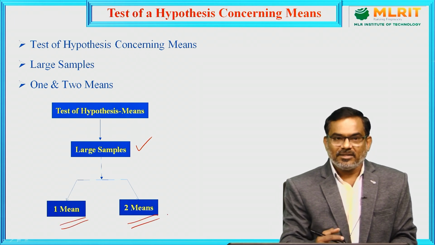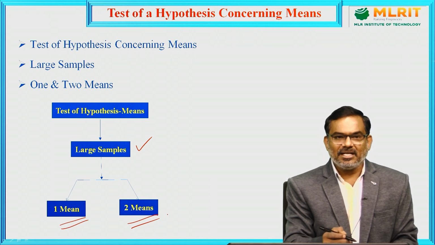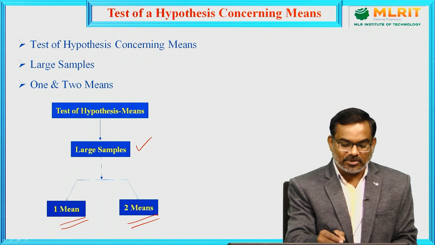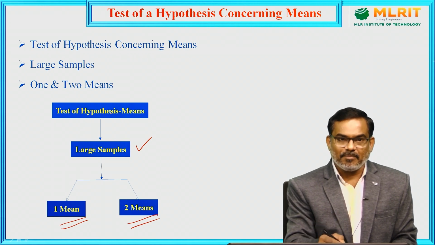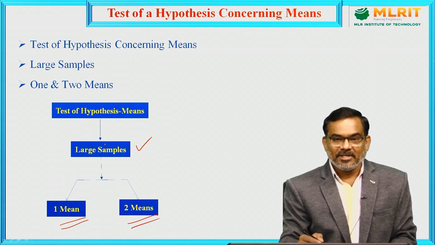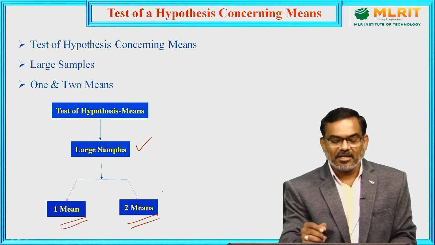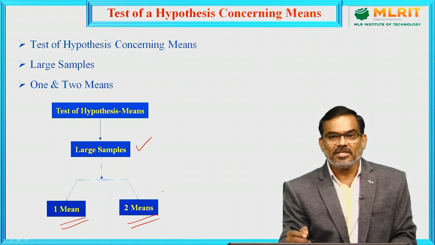If we are discussing about a single mean, that means about a single population, that comes under testing of hypothesis concerning large samples, one mean problems. If we are discussing about two populations, that means two population means, then that comes under testing of hypothesis concerning two means for large samples.